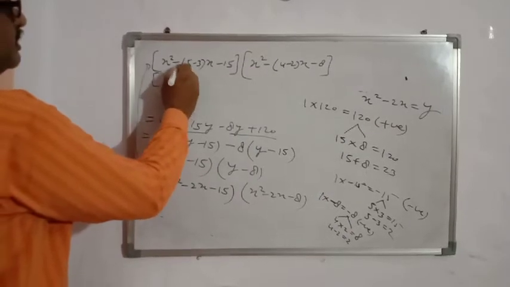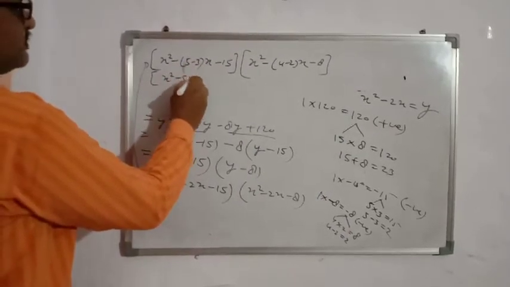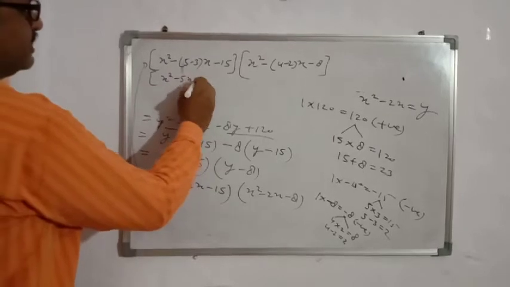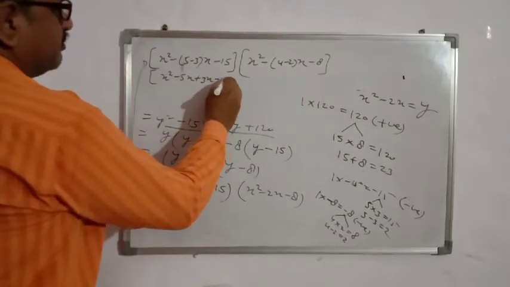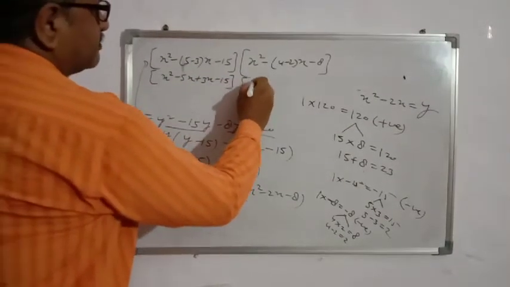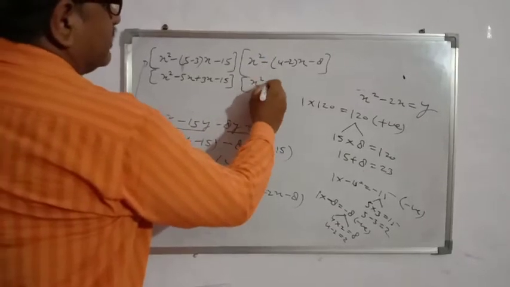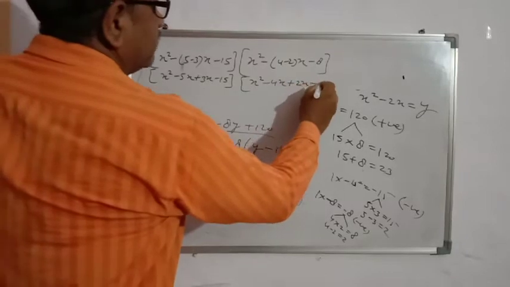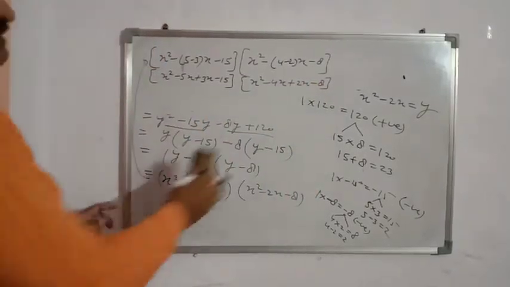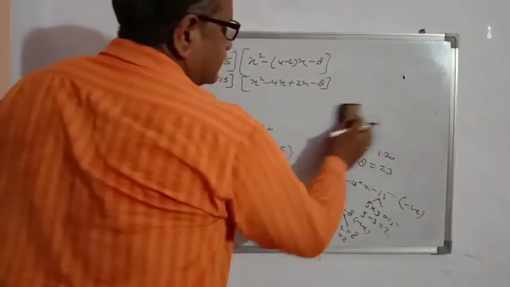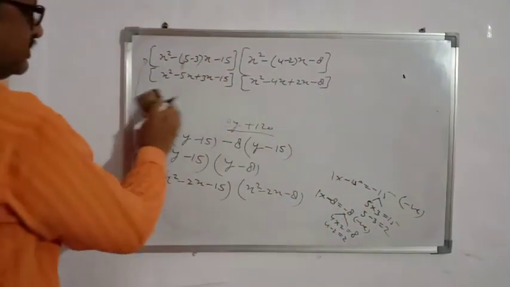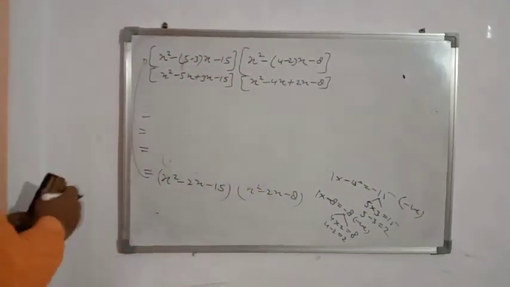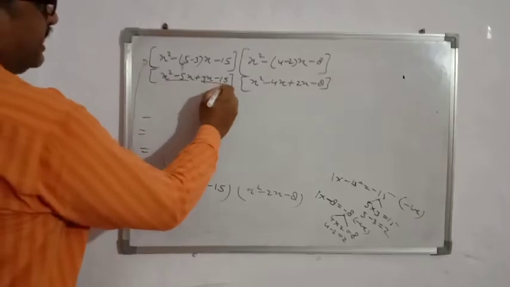Open it. x square minus 5x plus 3x minus 15. Next bracket, x square minus 4x plus 2x minus 8. Again make pairs and take common.